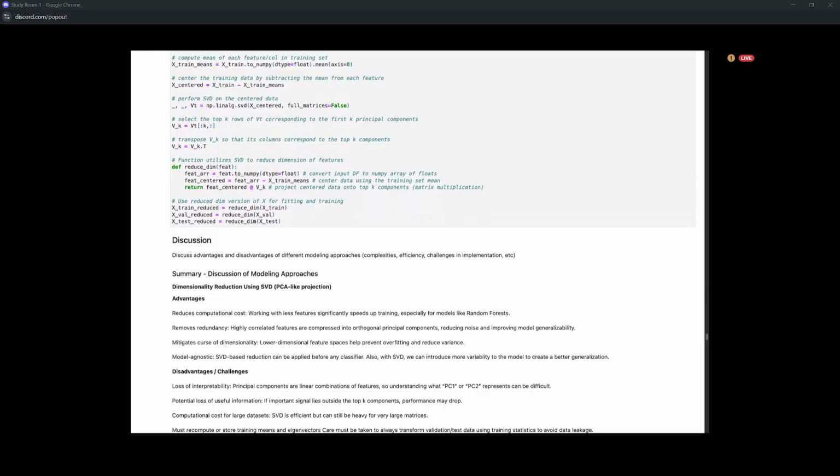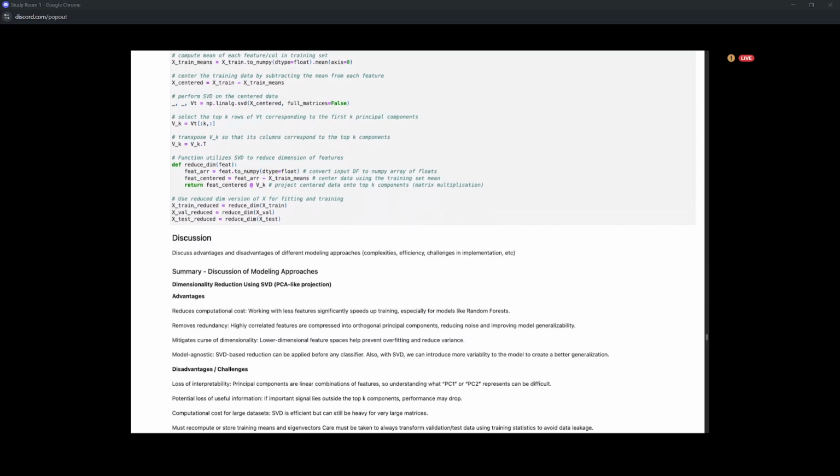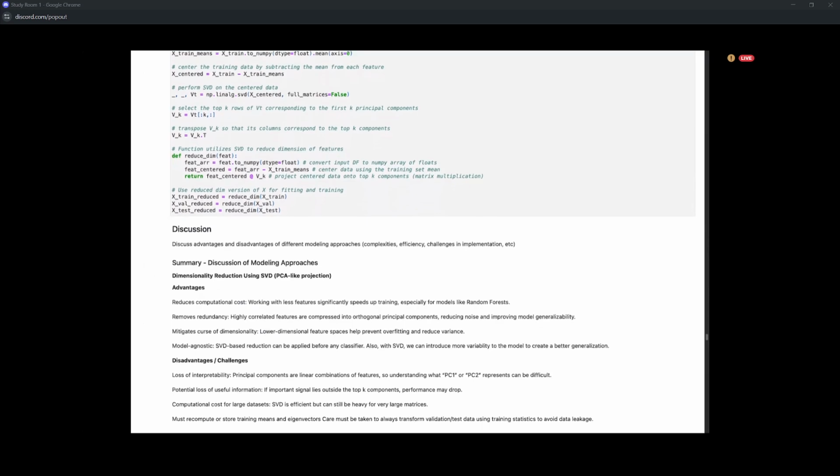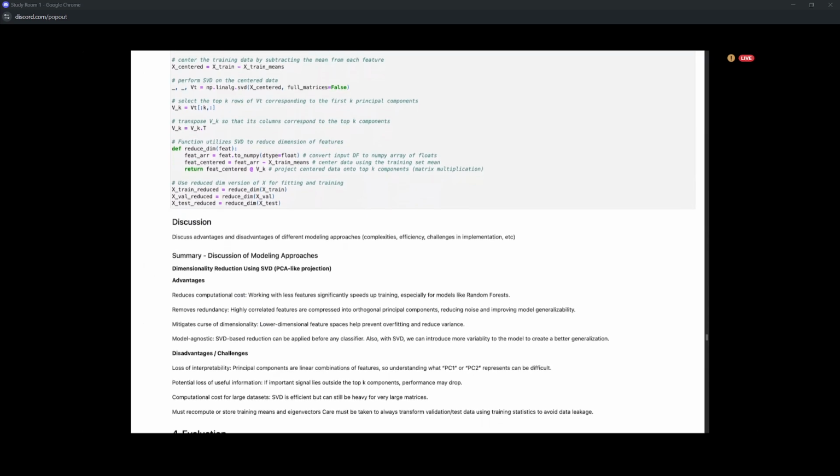The advantage of using SVD is that we can reduce computational time and cost, and also help the model to generalize better. But the disadvantage is that SVD could be inefficient with very large matrices, and we also must ensure that we're using the eigenvectors extracted from the train set and not anywhere else.